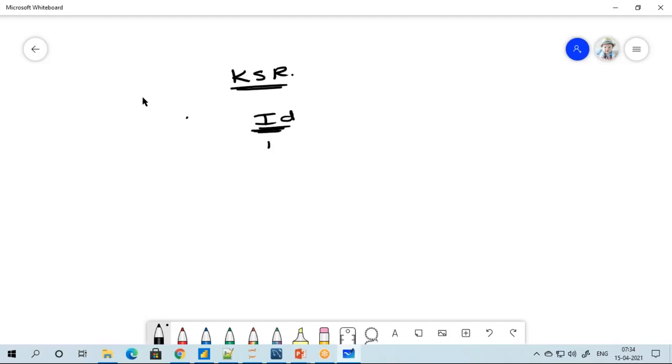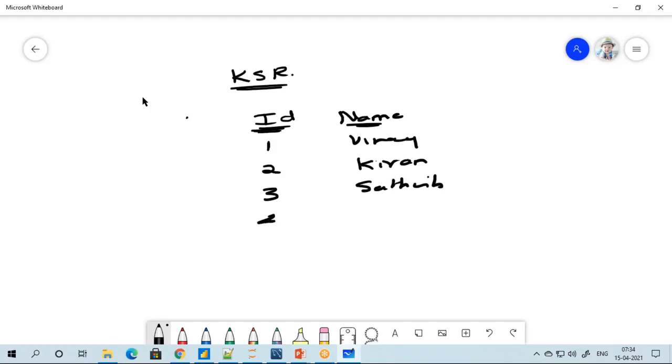Maybe your ID will be 1, 2, 3. Maybe I'll give the name as well. Let us assume these are the people who have joined with respect to our batch. Okay, our batch.